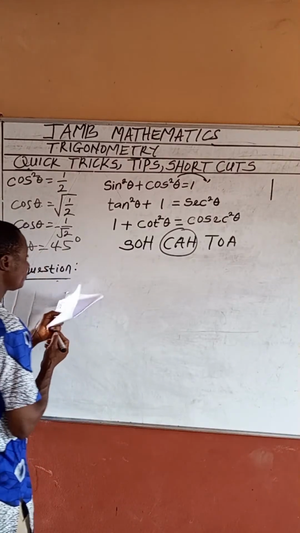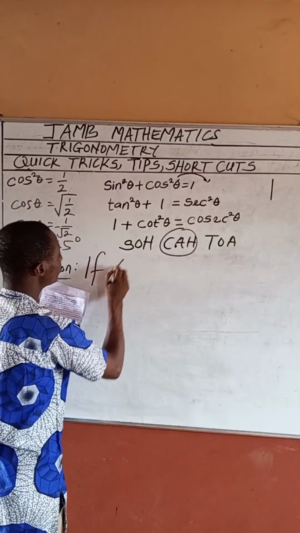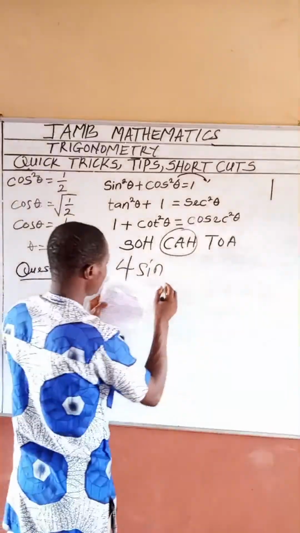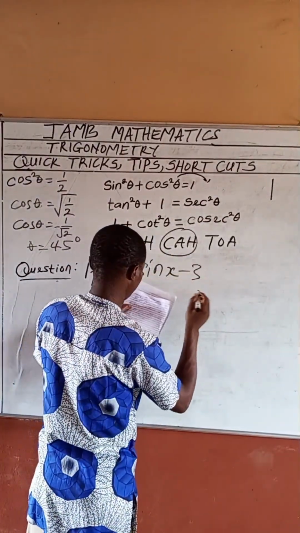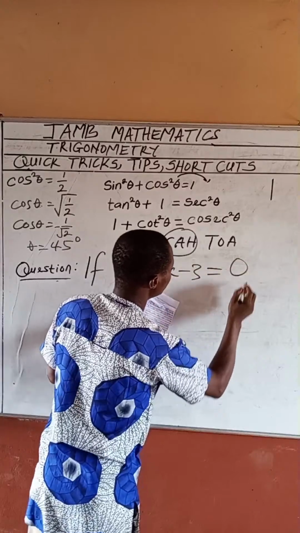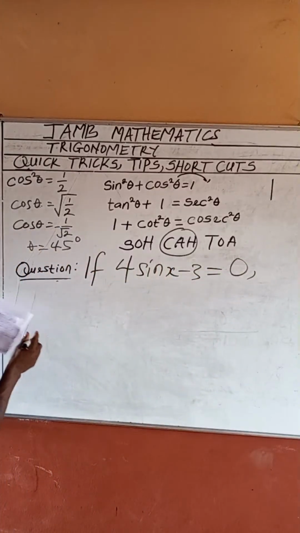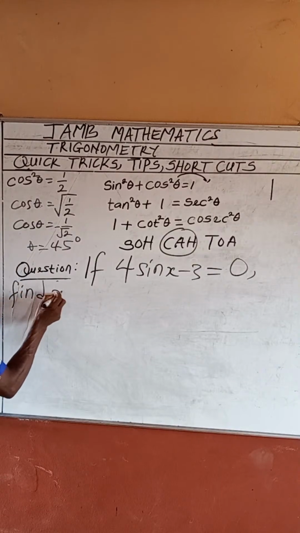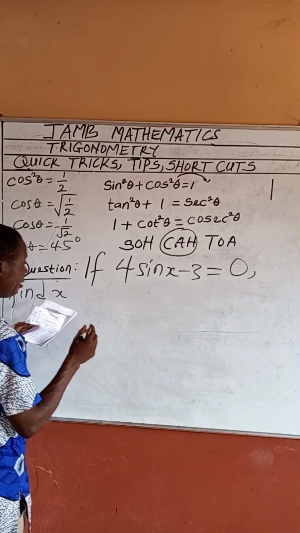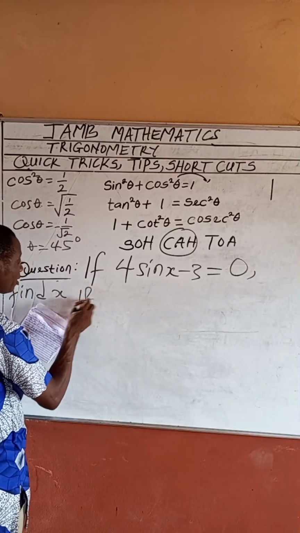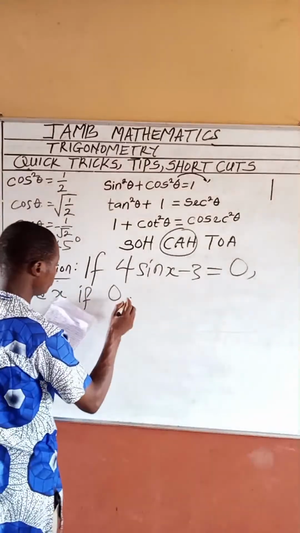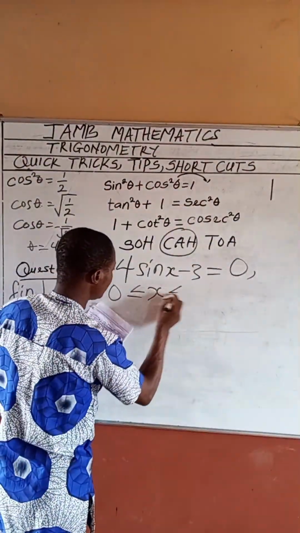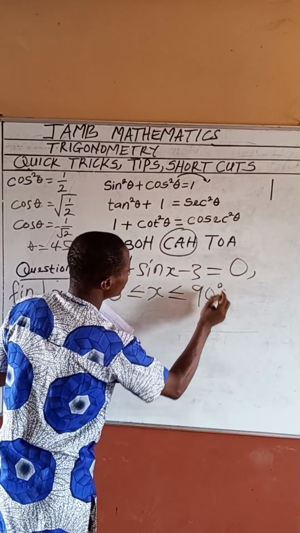If 4 sine squared x minus 3 is equal to 0, find x, if 0 is less than or equal to x, then less than or equal to 90 degrees.